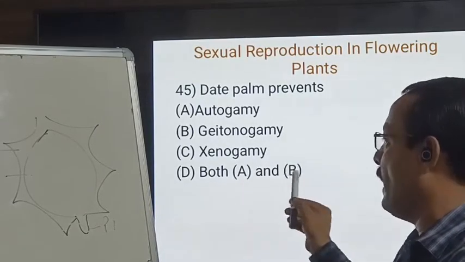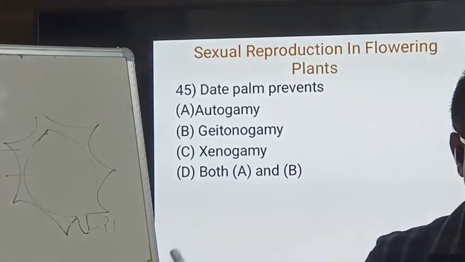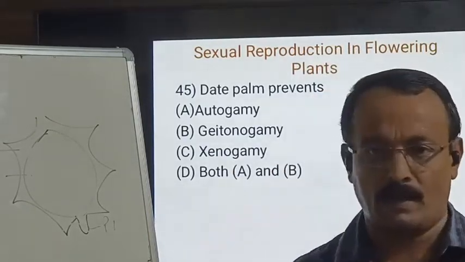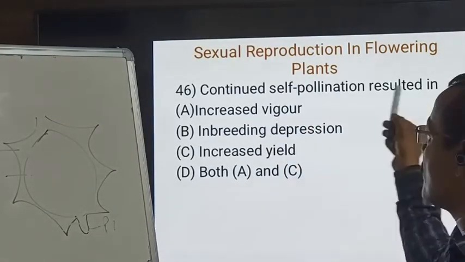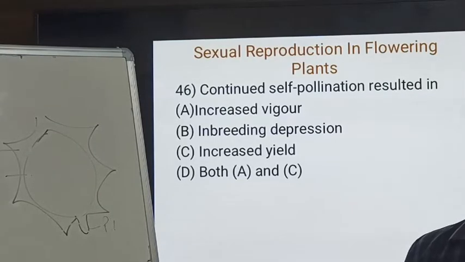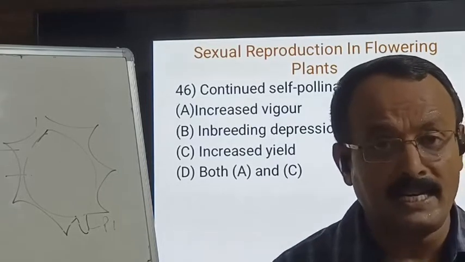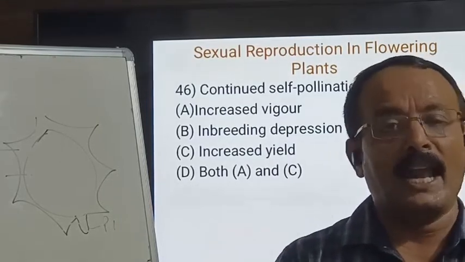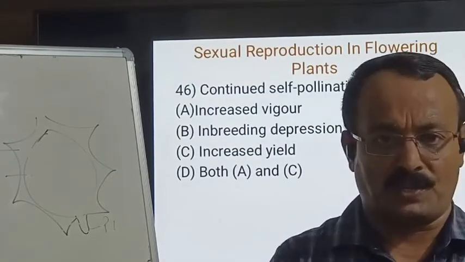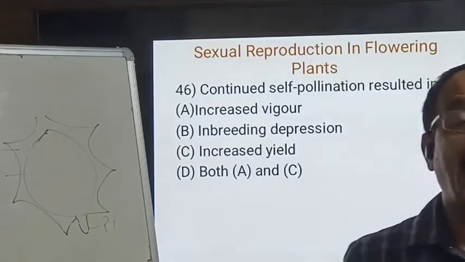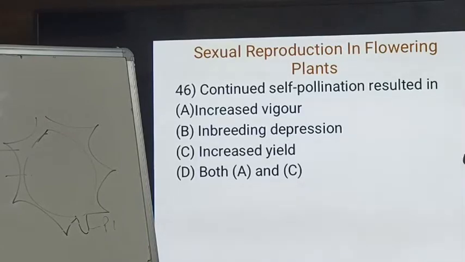So the option is both A and B. The only chance of pollination in these plants, papaya and date palm, is xenogamy. Next slide. Continued self-pollination results in. In plants, and even in animals, continuous self-pollination, or in animals breeding livestock belonging to the same ancestors, leads to inbreeding depression. So the direct answer is inbreeding depression.